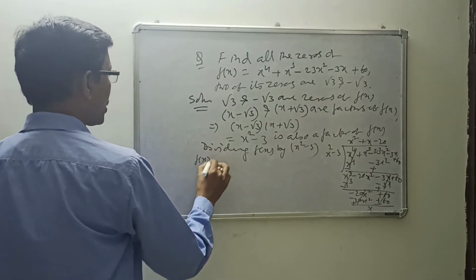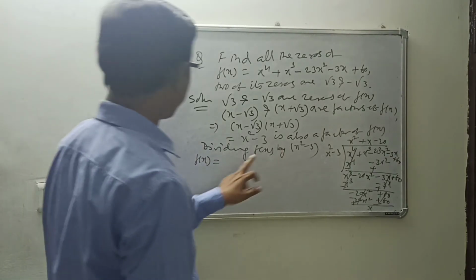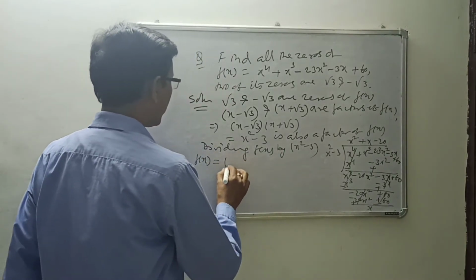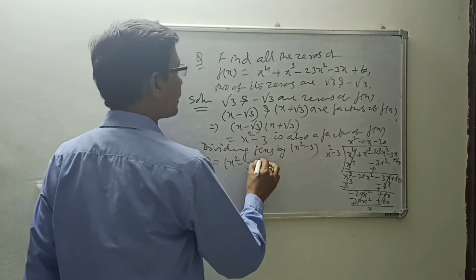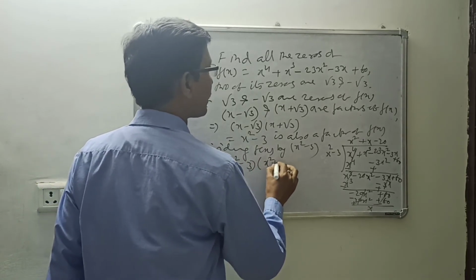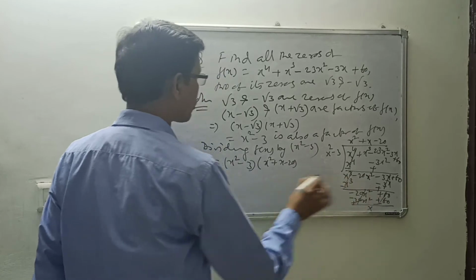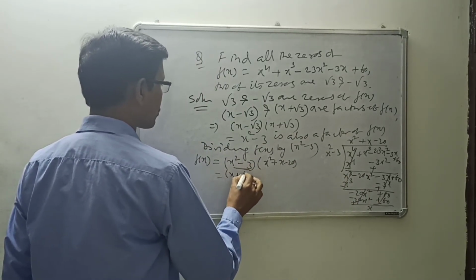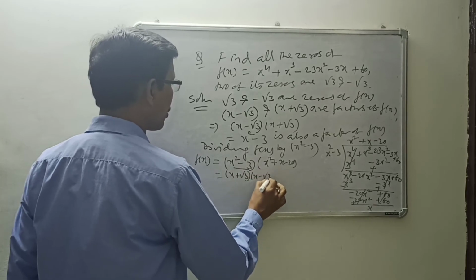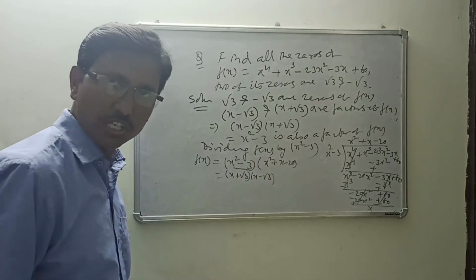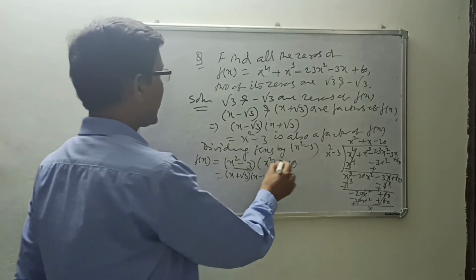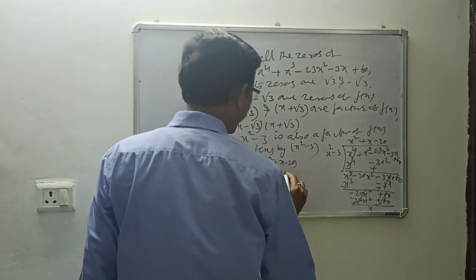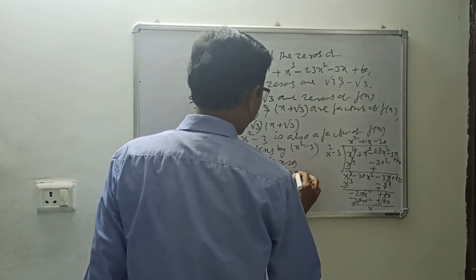By the division rule you can write dividend, that is f(x), is equal to divisor into quotient plus remainder, and the remainder 0 is here. If you want to break that one, it will come x plus root 3 into x minus root 3, already you got. That is, root 3 and minus root 3 are the zeros of this polynomial. And this one by middle term splitting, plus 5 minus 4.